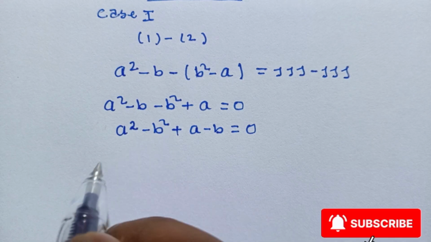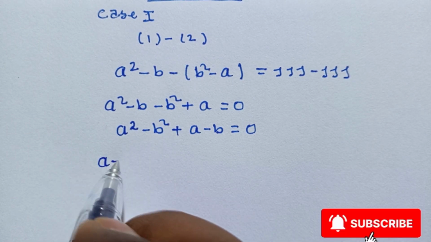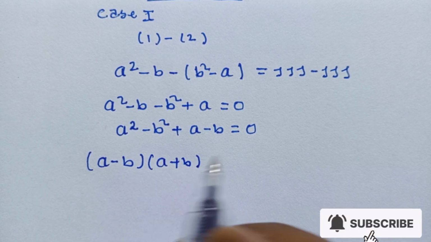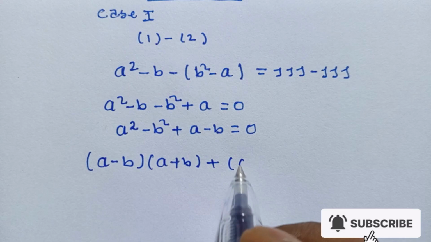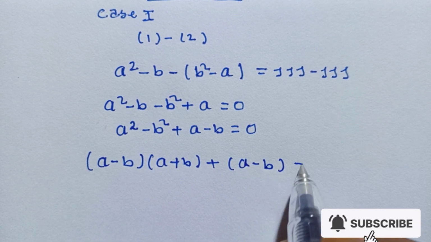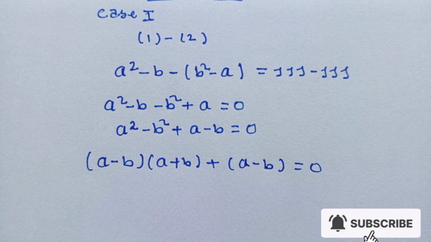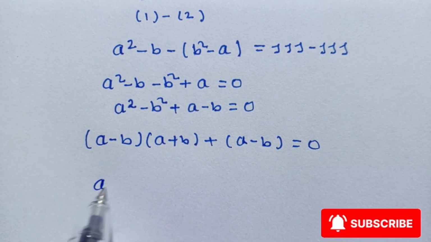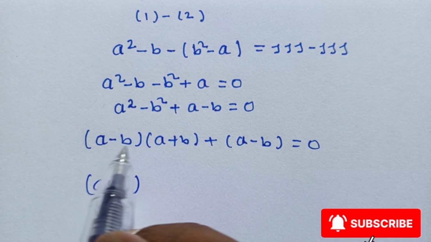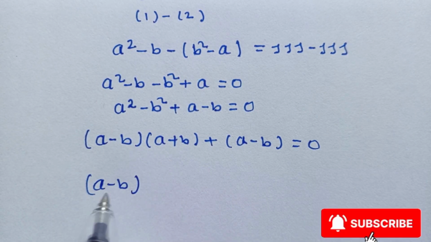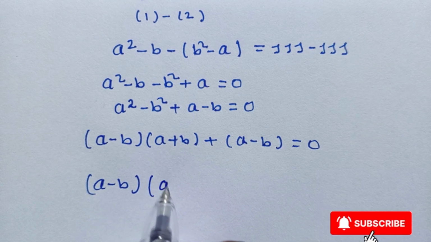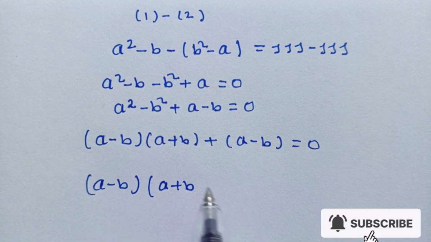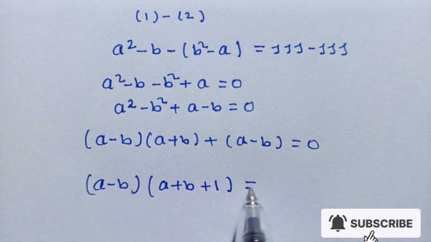a square minus b square is a minus b, the whole a plus b, plus a minus b. We take a minus b common: a plus b, plus 1, equal to 0.